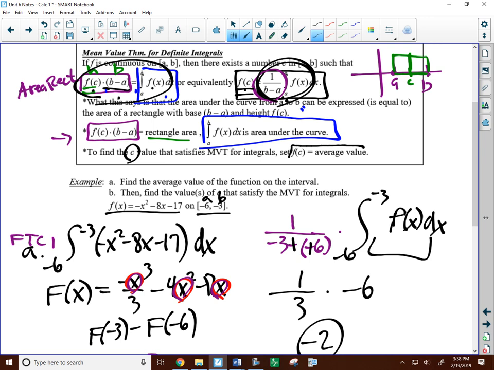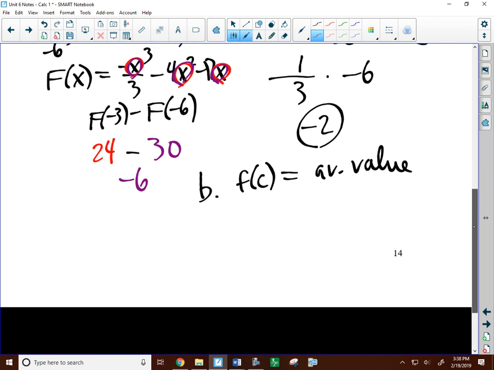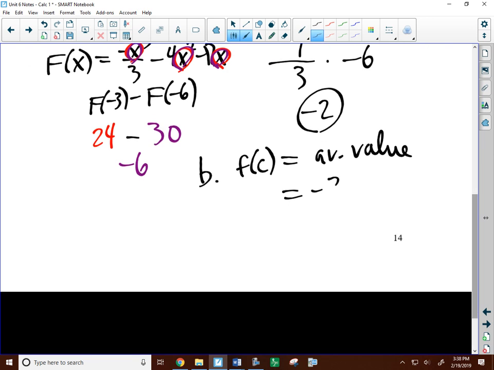Here, I set it down here too. So here's what I'm doing in part B. I'm setting f of c equal to the average value, and the average value from part A is -2.